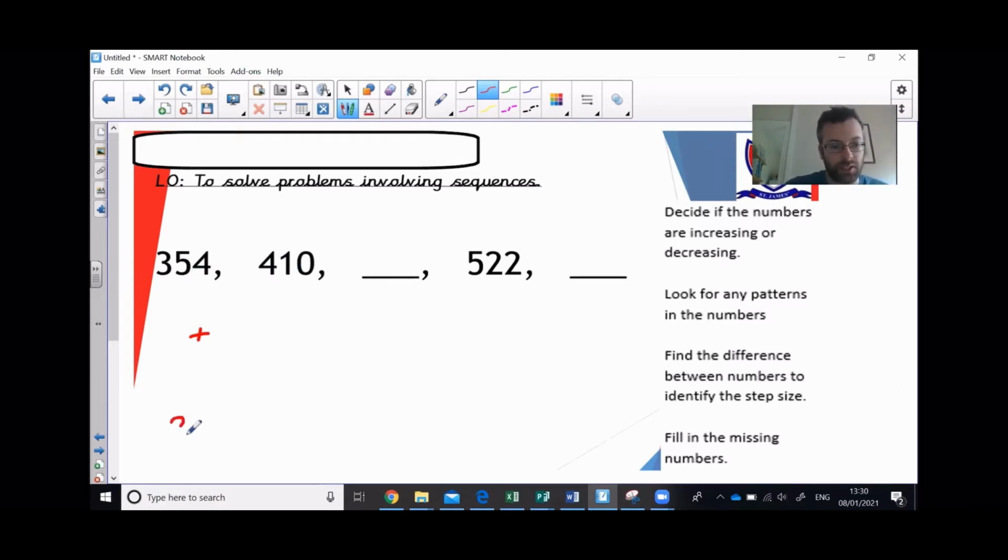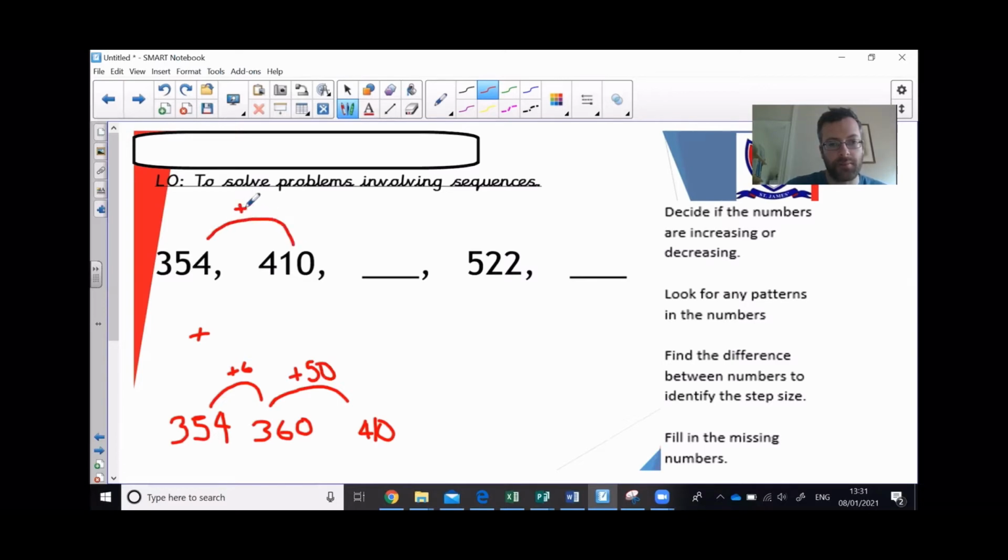Now I'm going to use a little bit of jotting to help me do this. So 354, add 6, it's going to get me to 360. And then I know from 360 to 410, I'm adding 50. So I'm pretty sure that this number has gone up by 56.